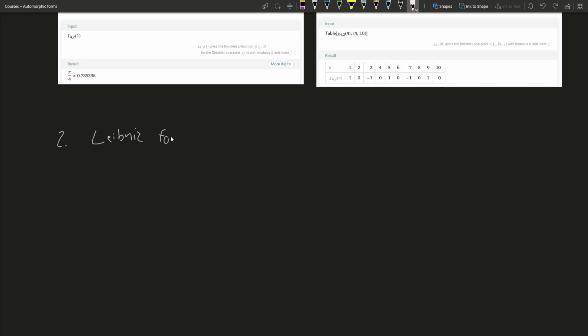So the Leibniz formula for pi, and you can look this up on Wikipedia to get the history, which I think is worthwhile.